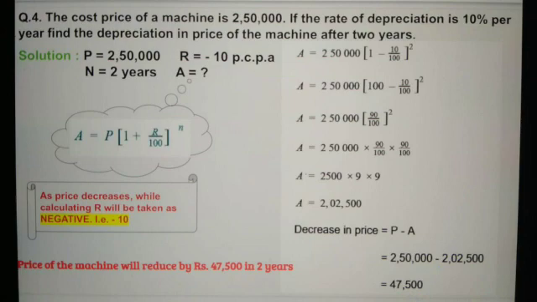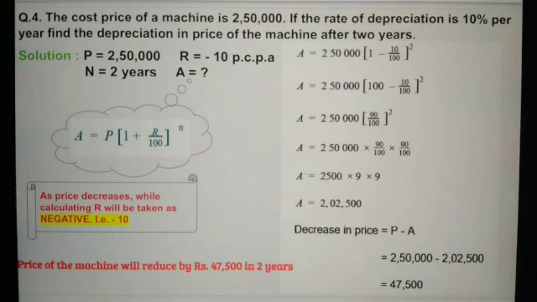Now R, what are you going to take R as? Minus 10. So your next step will be, therefore A is equal to 2,50,000 (1 - 10/100)^2. Therefore A is equal to 2,50,000 ((100 - 10)/100)^2.